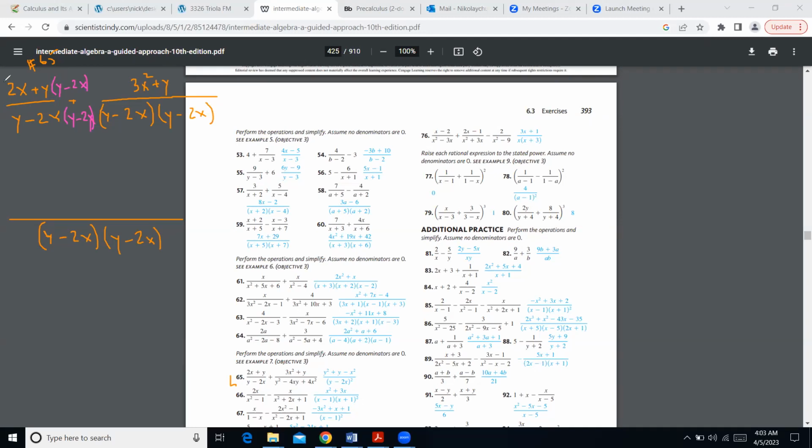So now I need to only work with numerators. Now I need to carefully multiply and see what is going to come out. So I'm going to multiply for the first piece, for the first fraction, 2x by y, and then 2x by negative 2x. So it'll be 2xy. And then we'll multiply positive and negative, so it'll be negative 4x squared.